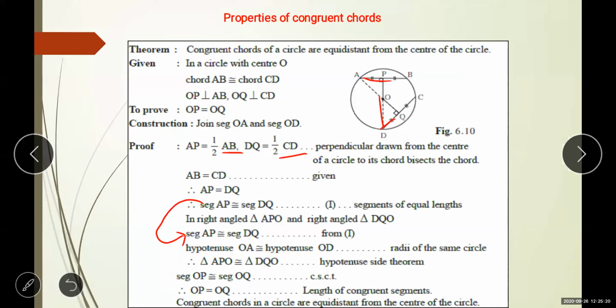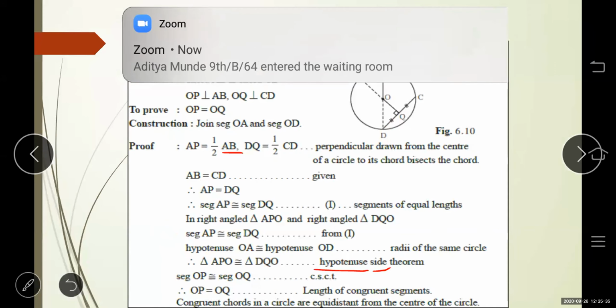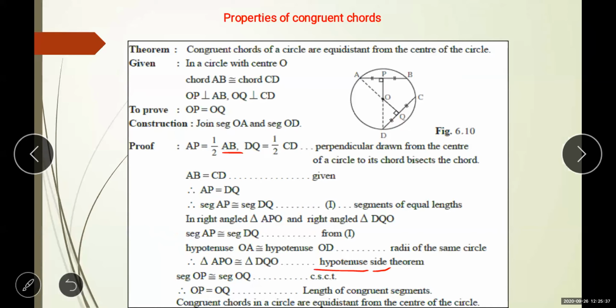This AP is congruent to DQ, and these hypotenuses are also congruent. Now by what are these two triangles congruent? The hypotenuses are congruent and one pair of sides are also congruent. So by the hypotenuse-side theorem, these two triangles are congruent. And we know that if two triangles are congruent, their remaining angles and remaining sides are also congruent. So what we need is OP and OQ. We will show that segment OP and segment OQ are congruent.